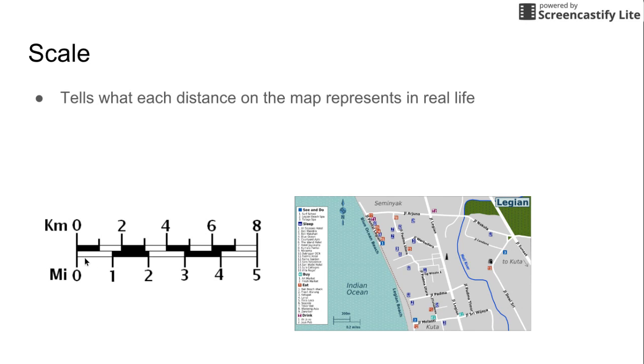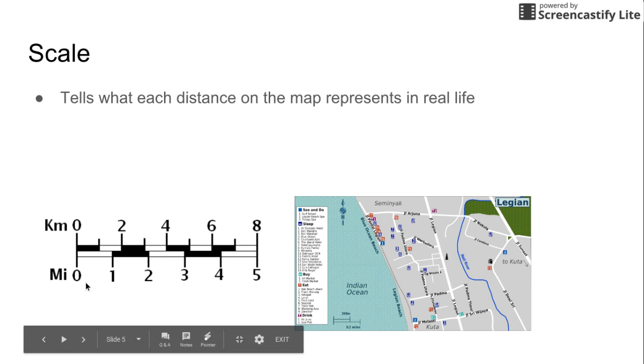So the picture down here is an example of a scale. And on the top here, they may have 1 inch equals 8 kilometers. And down below, they may have 1 inch equals 5 miles. But if we come over to the second picture here, we can look towards the bottom, and down here is again an example of a scale that we could use.